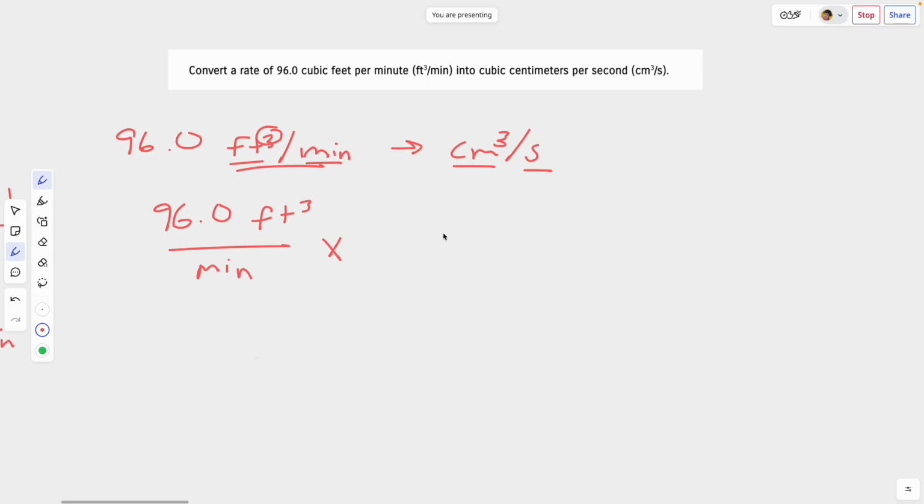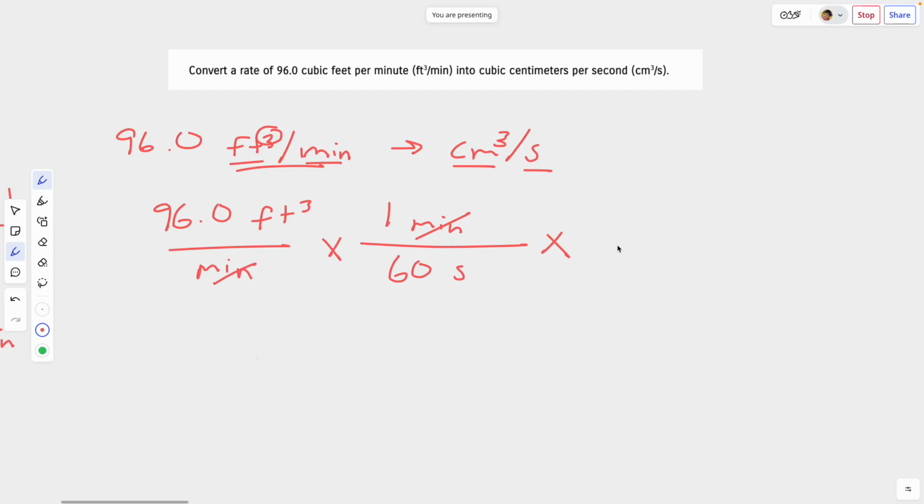To get from minutes to seconds, we have 1 minute on the top because we want this unit to cancel out here. And then 1 minute is equal to 60 seconds. So we can write that in the denominator. So now we've successfully changed the denominator to seconds, and if we were to end the calculation right here, our final answer would be in cubic feet per second, but we want cubic centimeters, so we're going to have to change this unit over here.